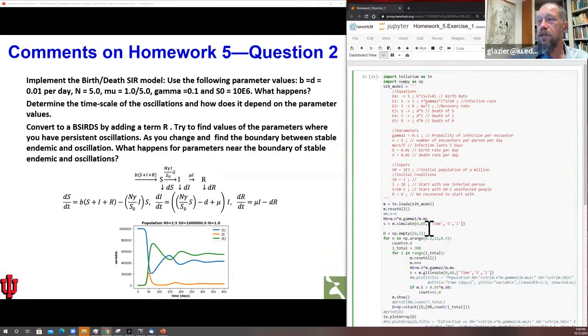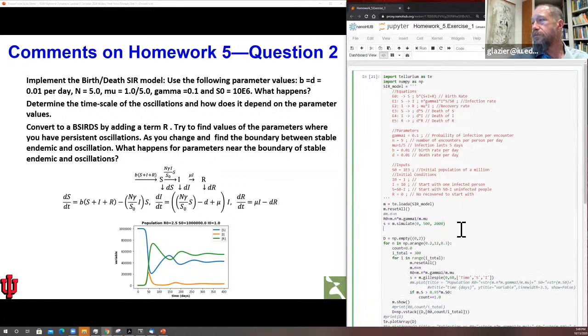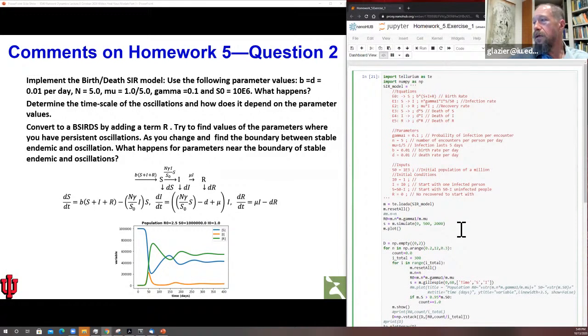And the time scale, we were going to do 500 days, and we'll use, say, 2,000 points. And for the moment, we'll plot everything. All right. And we'll just do a m.plot and the show.